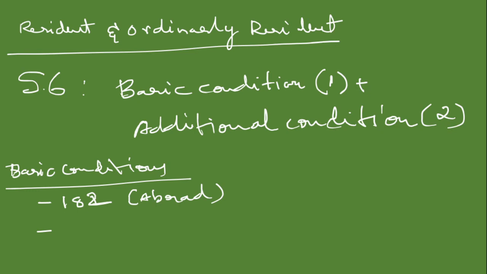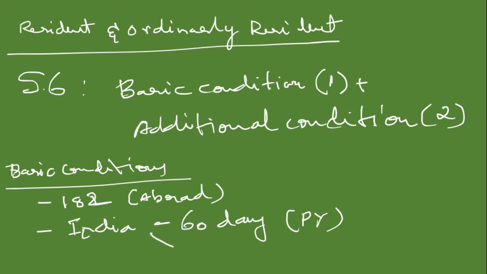So in the previous year he has to be there in India for 60 days, and 365 days for the past 4 years in aggregate. So these are the two conditions.